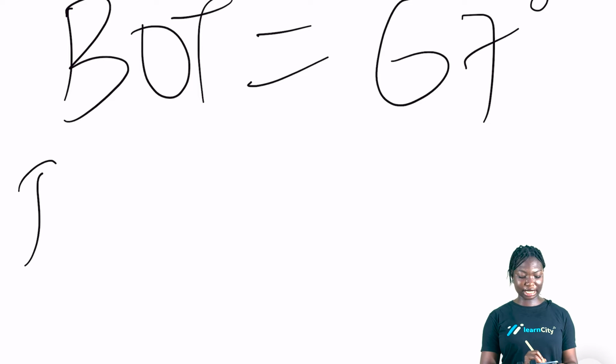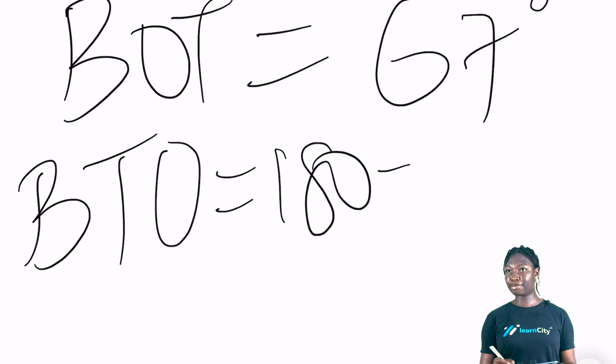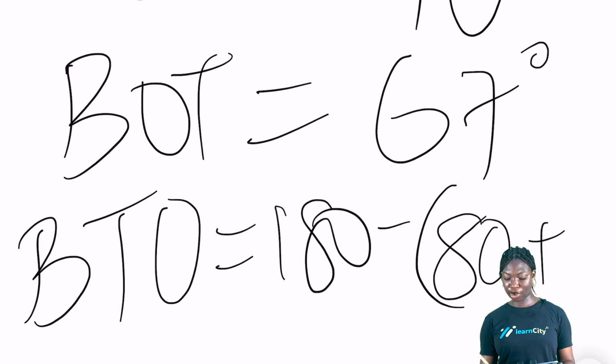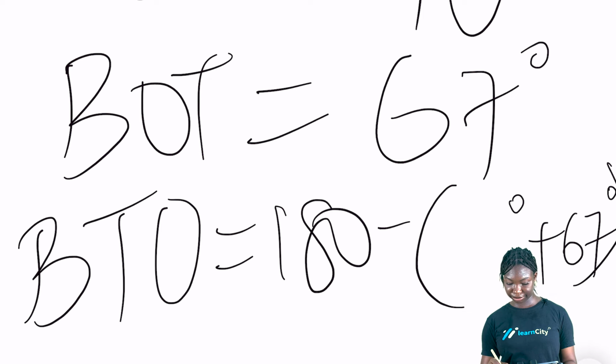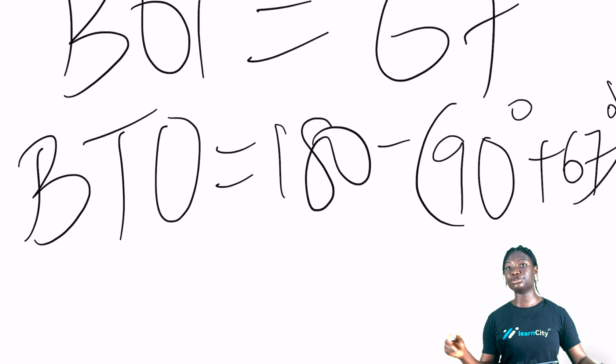So to find BTO, it will be 180 minus 90 degrees plus 67 degrees.